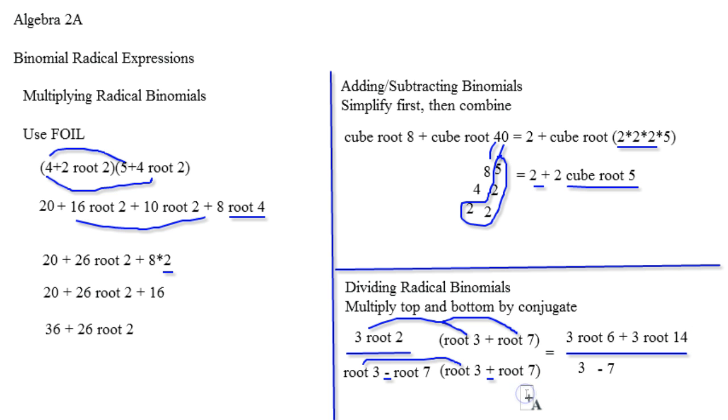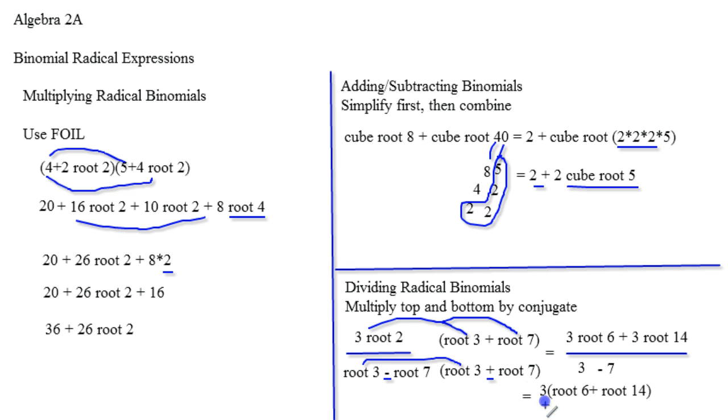And so what ends up happening is, let's factor out the 3 out of the top. I'm running out of room. 3 times root 6 plus root 14. And remember, you cannot combine the roots because even though they are both square roots, you have different numbers inside, and the addition rules work differently.